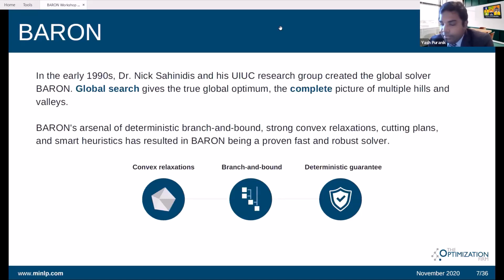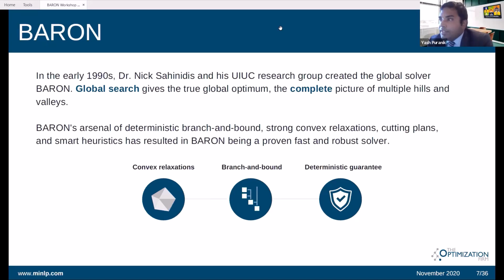That leads us to Barron. In fact, Barron was the first commercial code available that could solve non-convex, non-linear programming problems. And, as Aphrodite mentioned, even after 30 years, after a number of competitors coming into the market, it's still one of the best, if not the best.